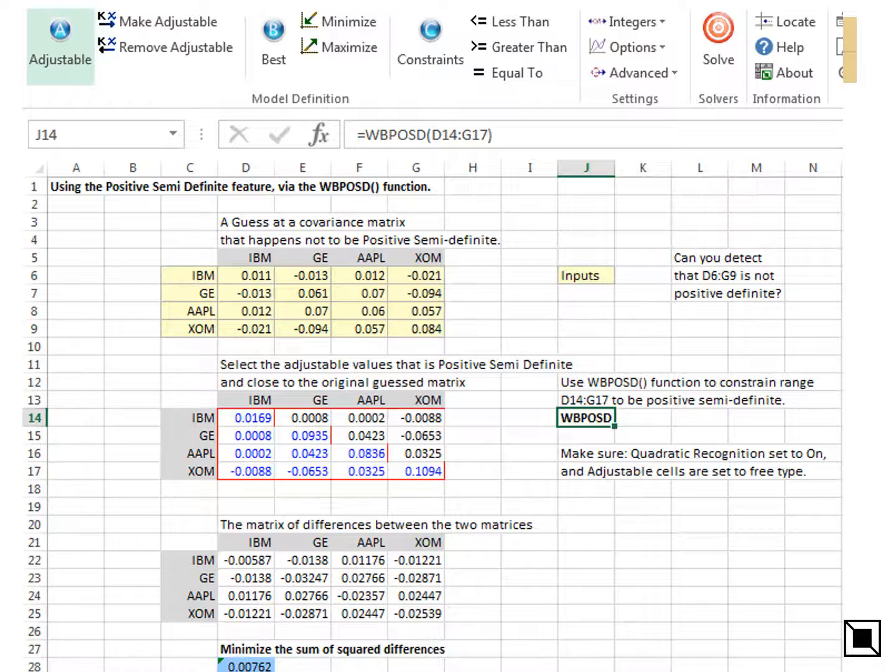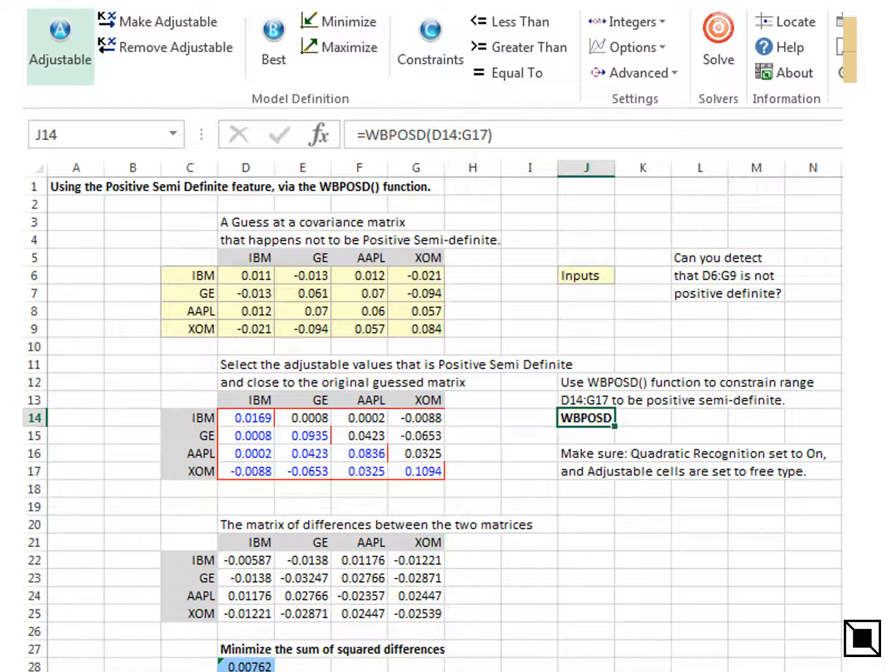Can anyone detect that this is not a valid covariance matrix? In fact, it is not a valid one, and I won't say why, but you might be able to test it. What we would like to do is come up with a covariance matrix which is valid and is as close as possible to our original one.